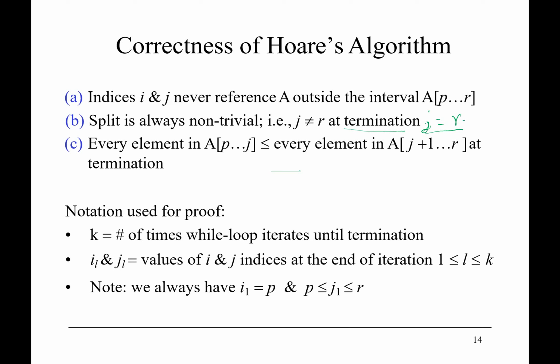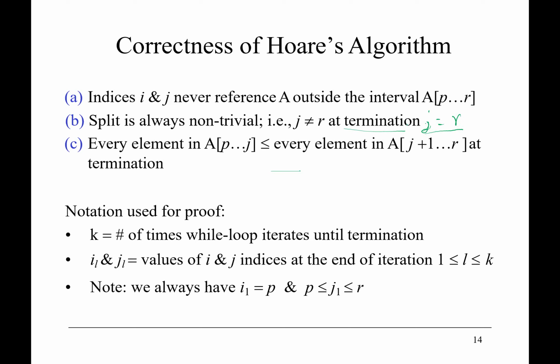If the element at r's position is equal to the pivot, in that case, they will swap, and j decreases, so j equals r minus 1. If this number is smaller than the pivot, it also goes to the next iteration.